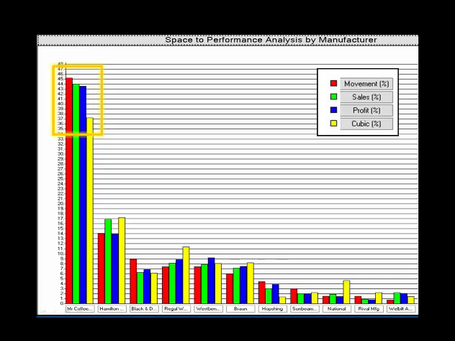There can be some strategic reasons to under or over represent on different tactics by manufacturer, by brand, by whatever it might be. So again, sales data into your planograms is a really critical way of maximizing the insights that you can get for that particular tactic.